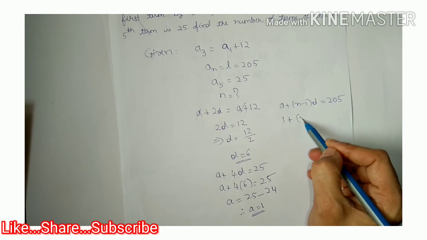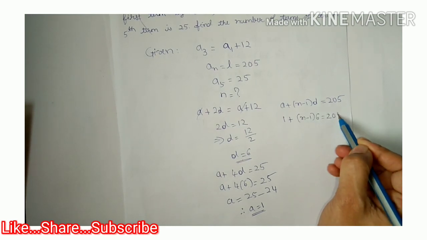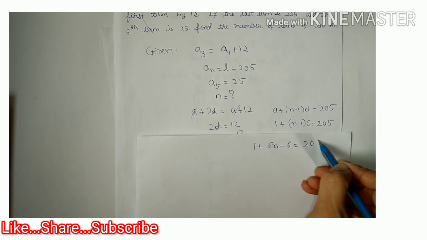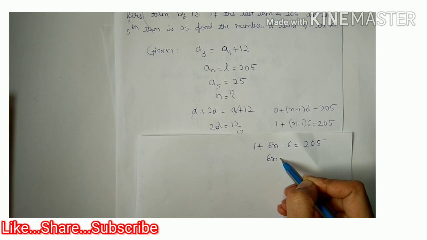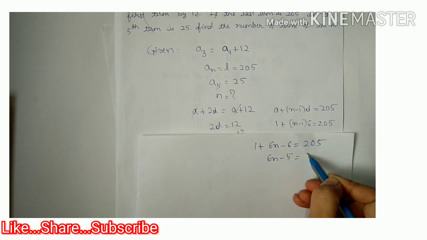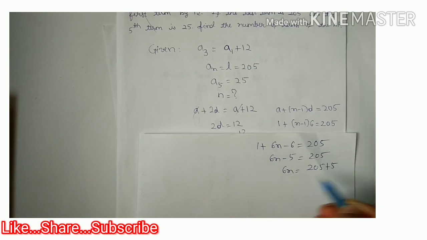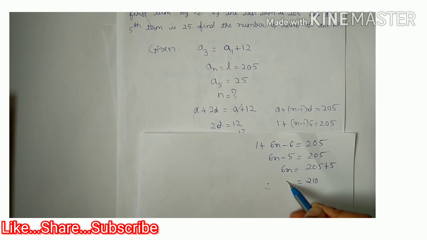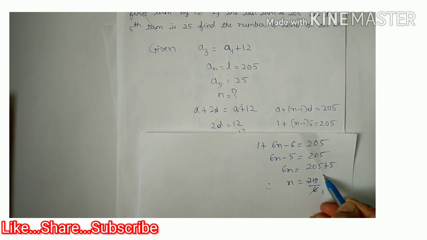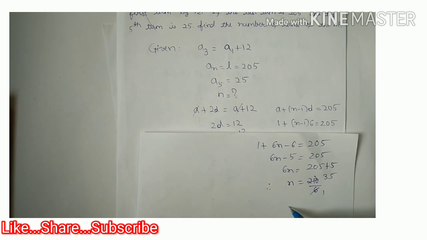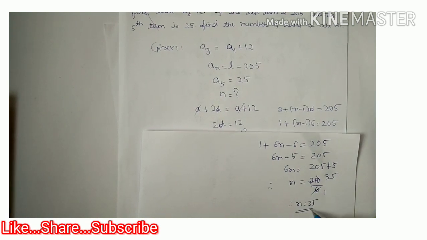A is 1 plus n minus 1 into D, which is 6, is equal to 205. 1 plus 6n minus 6 is equal to 205. 6n plus 1 minus 6, that is minus 5, is equal to 205. 6n is equal to 205 plus 5, 210. n is equal to 35. Therefore n is equal to 35. The number of terms of the AP is 35.